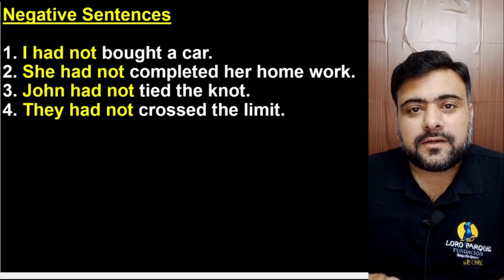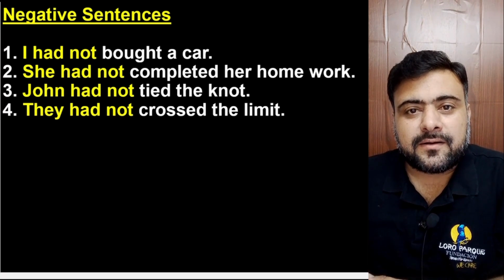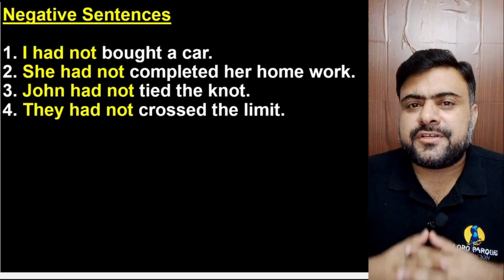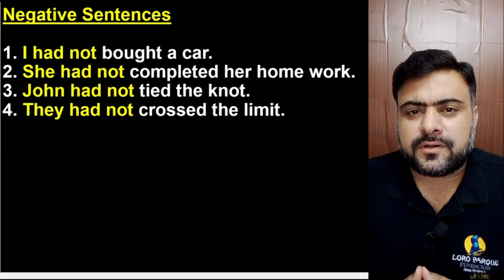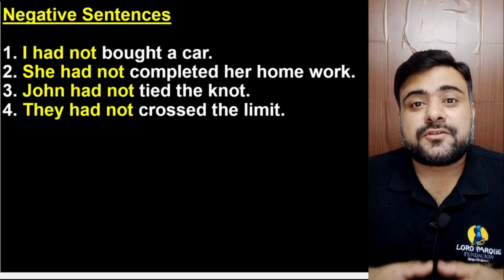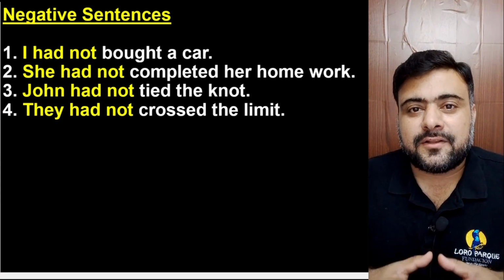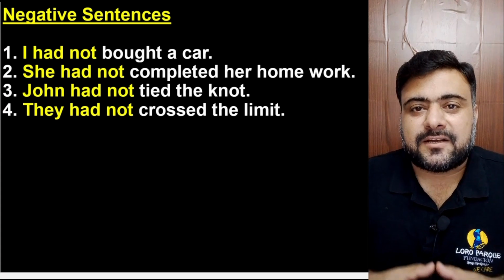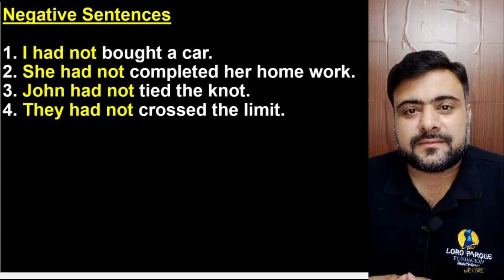I had not bought the car. She had completed her homework. She had not completed her homework. John had tied the knot. John had not tied the knot. They had crossed the limit. They had not crossed the limit.